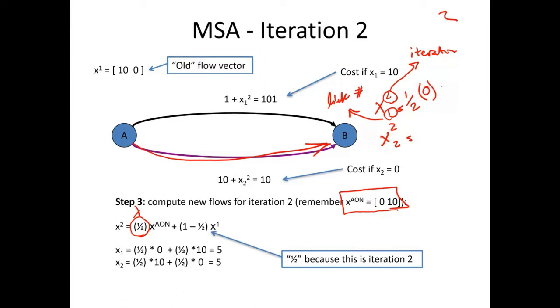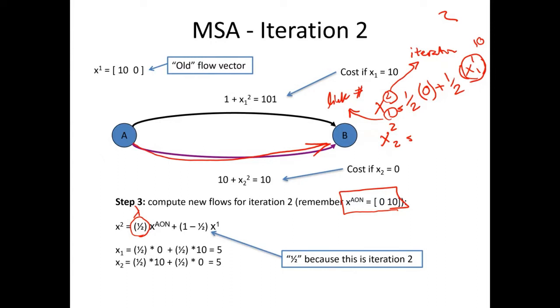This would be 0 plus 1 minus lambda multiplied by the original x11, the volumes from the previous iteration. And the volume from the previous iteration was 10, right? Because initially everybody was taking the top path. So it's 10.